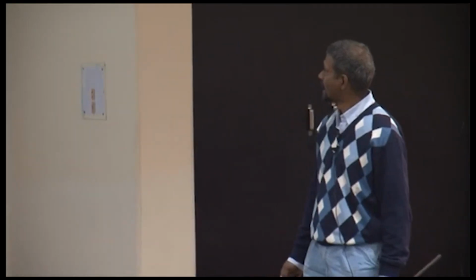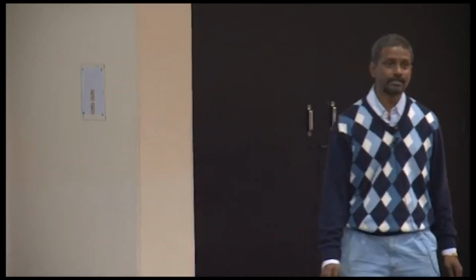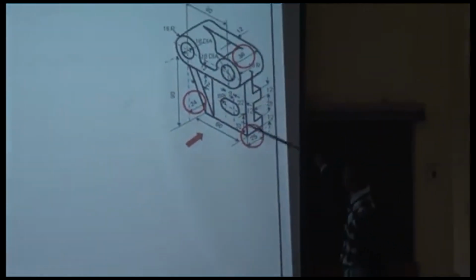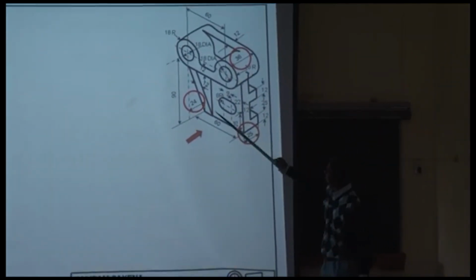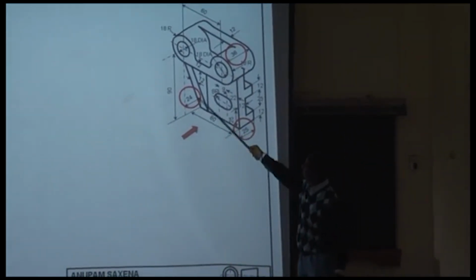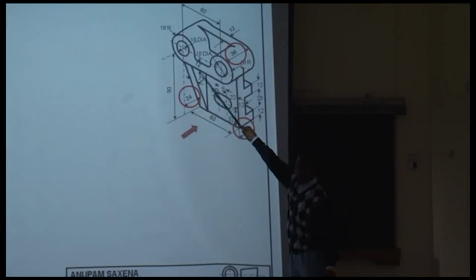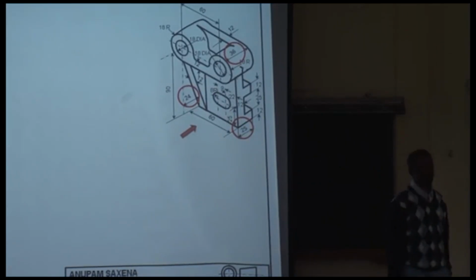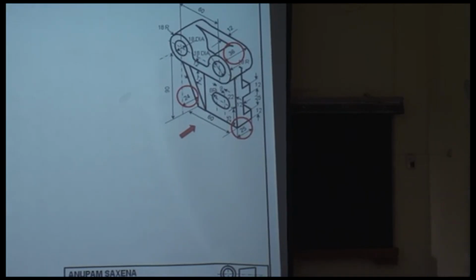But before that, identify 3 critical dimensions. If you assume this plane to be the reference plane, this dimension over here corresponds to the height of the rib.